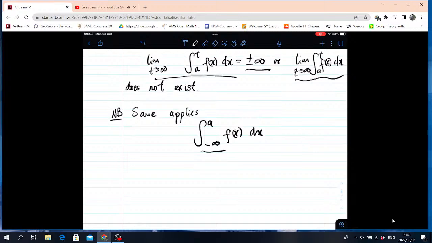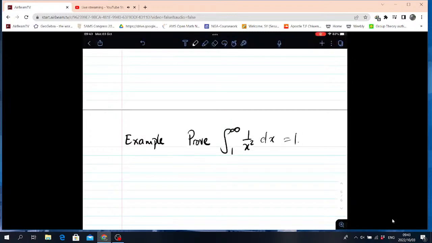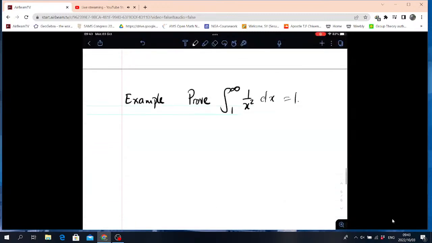So let's look at some examples to see how this goes. We will start off with the function that we had at the top. For example, we want to prove that the integral from 1 to infinity of 1 over x squared dx is equal to 1.